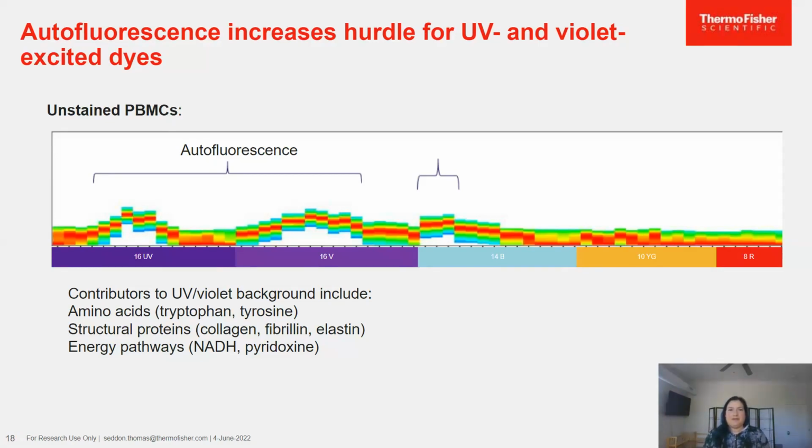And you can see that there are contributors in terms of autofluorescence off of the UV and violet background. And these can include amino acids, structural proteins, energy pathways. So you're picking that up in these cells. So that means that you have to build your brightness higher to get the separation because you already have some more background noise there.